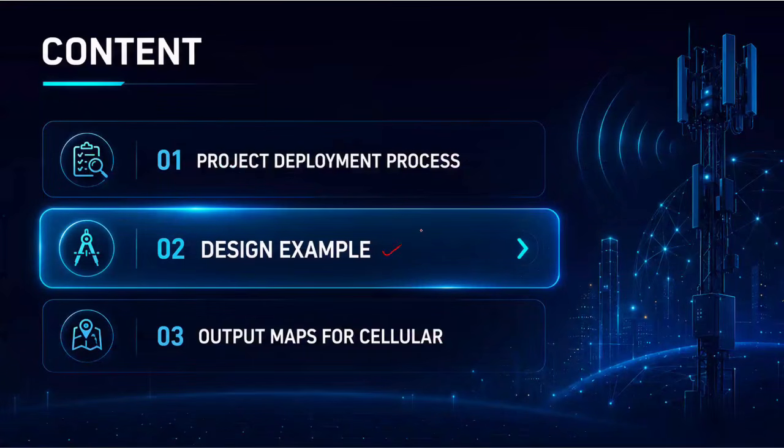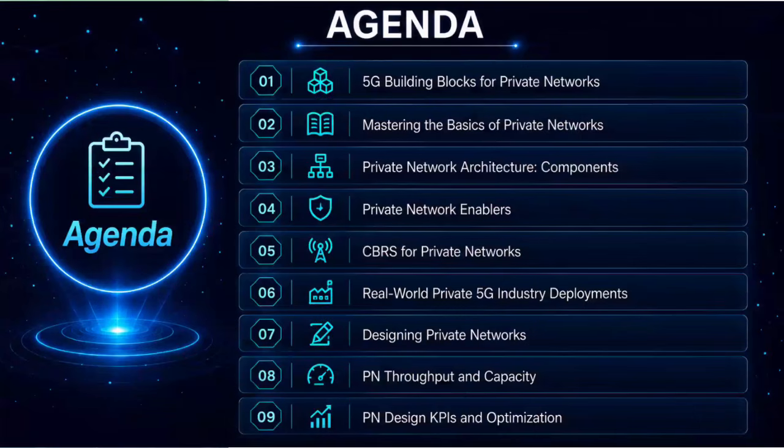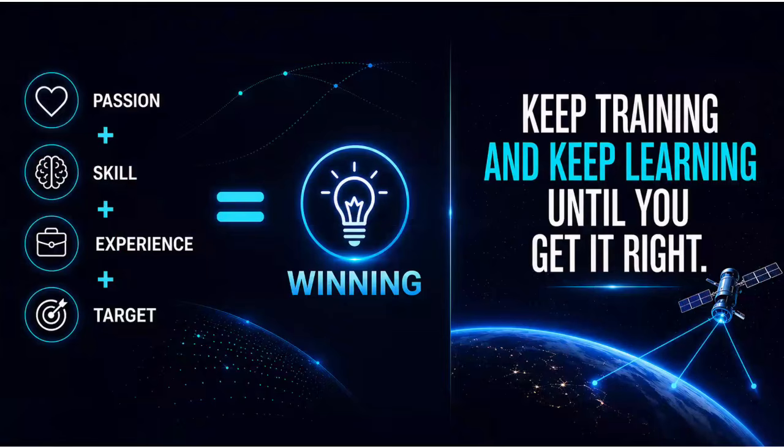We'll start with the design example, then we'll discuss the output maps for the cellular, and we'll talk in detail about private network throughput, capacity, KPIs, and optimization. With these topics, our complete course of 5G network design, deployment, testing, troubleshooting, and acceptance will be completed.